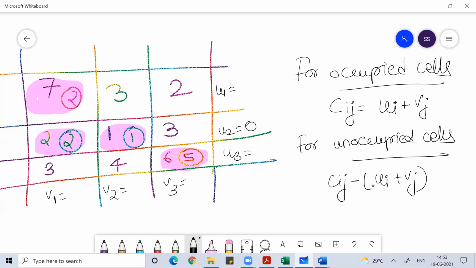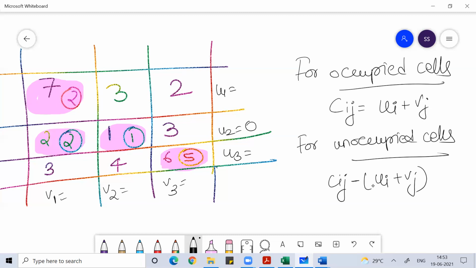I hope you're understanding what Ui and Vj are. This is the matrix part, which you have already done in your first semester, I guess. I believe in the first semester, descriptive mathematics. There you know what A11 is: first row, first column. A12 is first row, second column.